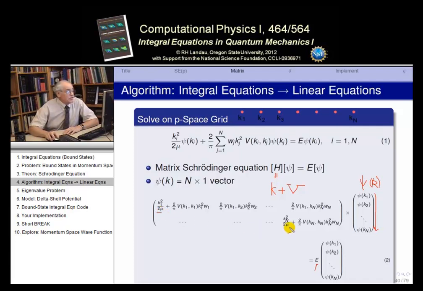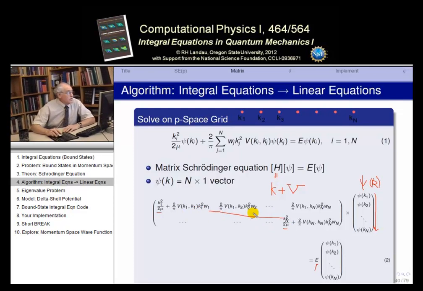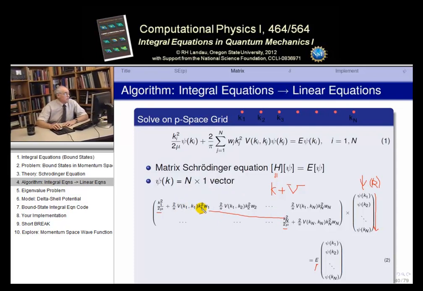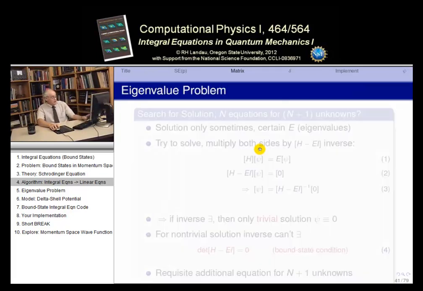That's just the kinetic energy term. And then along the diagonal here, we have the potential we're adding in, and the potential gets added in with the k squared and the weighting, just from the way we formulated the Schrodinger equation. And the off-diagonal terms are just the potential. So the potential fills up this matrix. It's V's every place here, but K plus V along the diagonal. So that's the matrix equation we have to solve. So, oh, goody. Somebody else can now do all the hard work. We can just go ahead and talk about solving this equation.